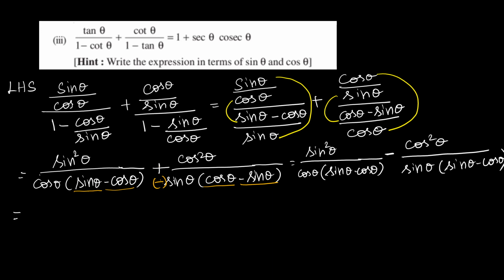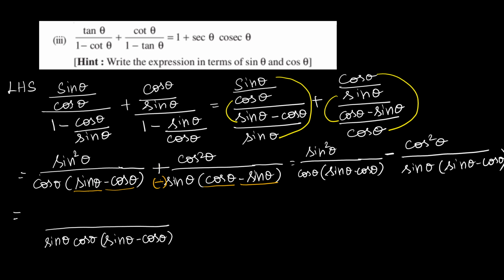Now take LCM. Sin theta minus cos theta is present in both the equations. So I am going to take sin theta cos theta into sin theta minus cos theta. Now you see here cos theta is there, sin theta minus cos theta is there. What is not there? Sin theta is not there.